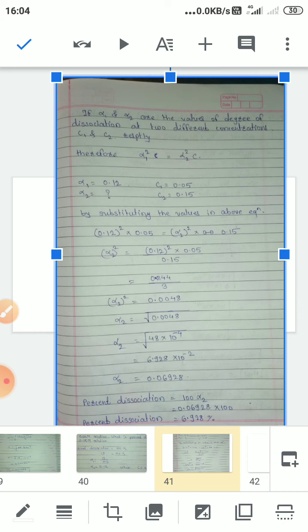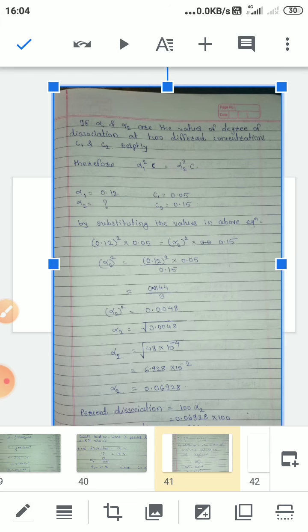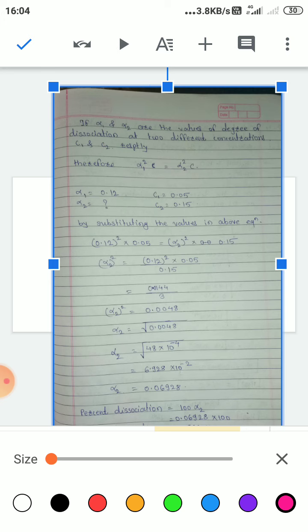Therefore the formula to calculate the degree of dissociation for the second solution is alpha 1 square into C1 is equal to alpha 2 square into C2, and we have values given for C1, C2 and alpha 1. Okay, so put the values of C1, C2 and alpha 1.